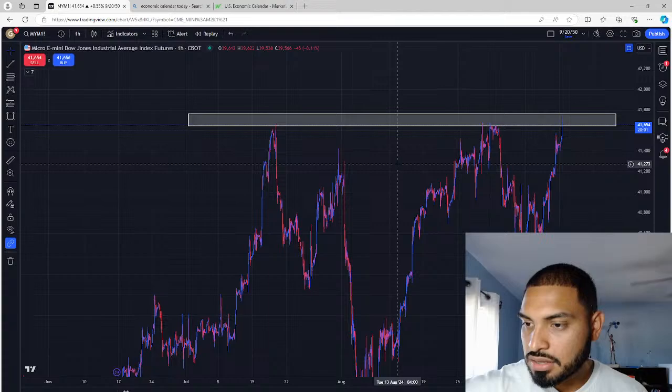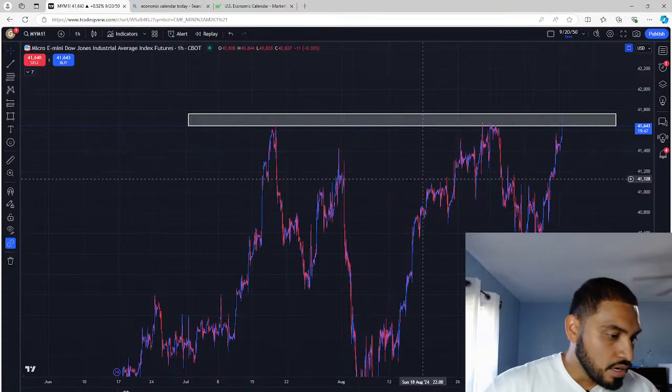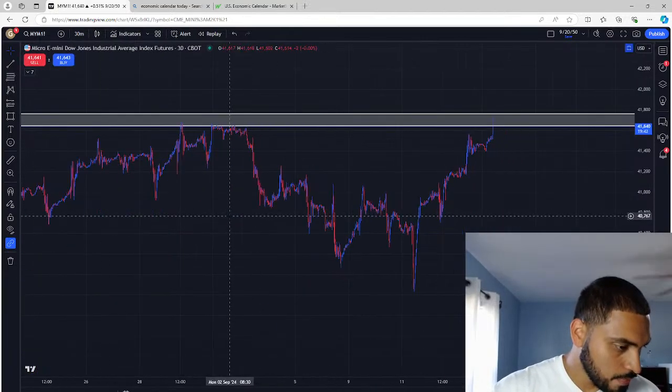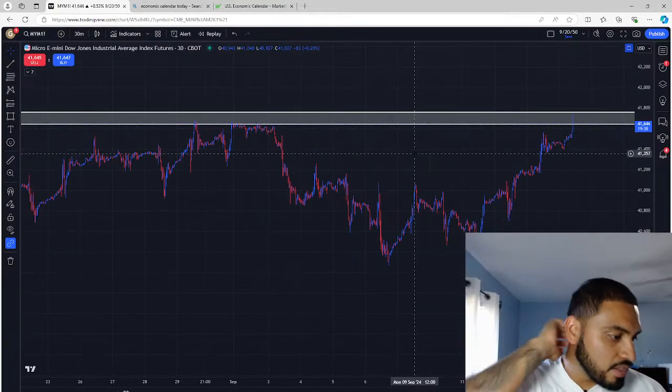Give me a second here. So I got my resistance on the 1 hour. I need to go to the 30-minute and zoom in onto there. So that's another area where I look for resistance.